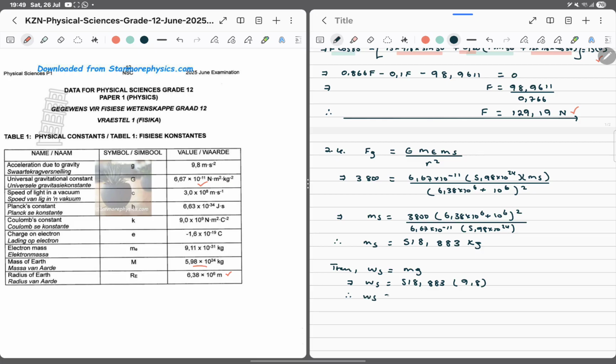Therefore, the weight of the satellite is, we multiply that by 9,8, we get 5,085,05 kilograms. No, newtons. Oops.